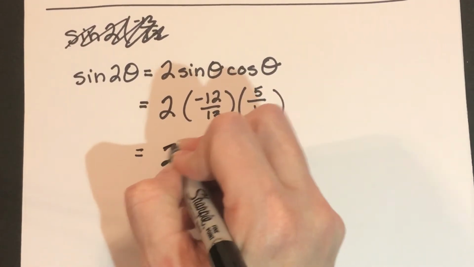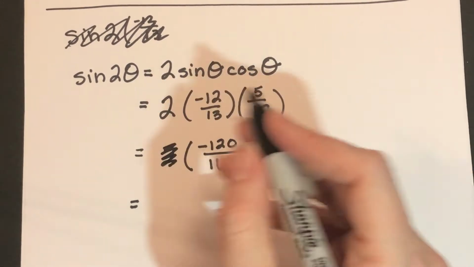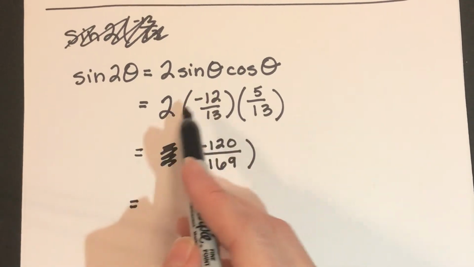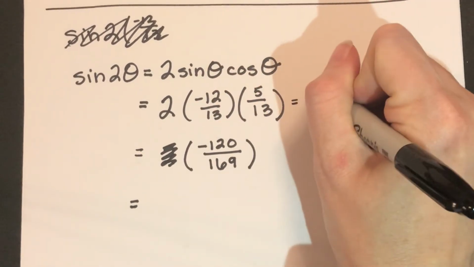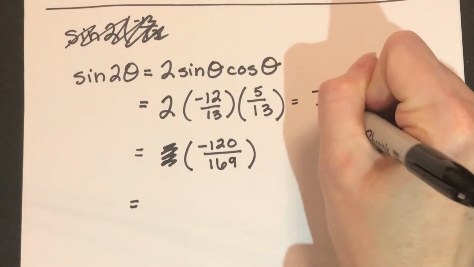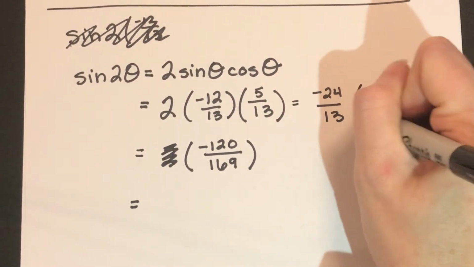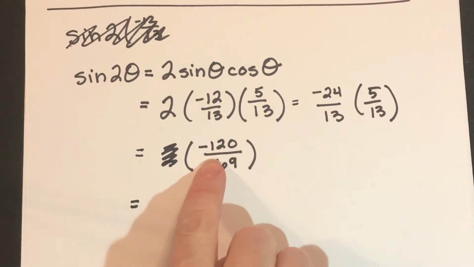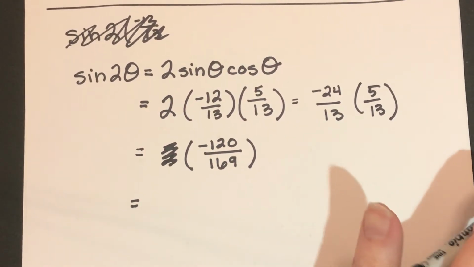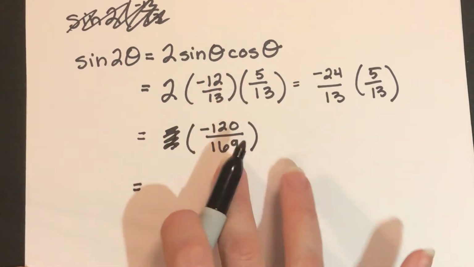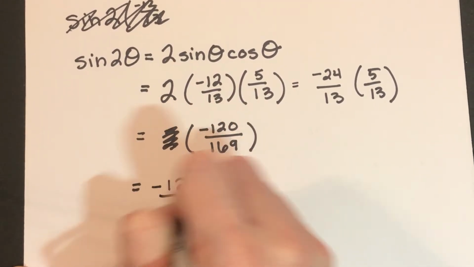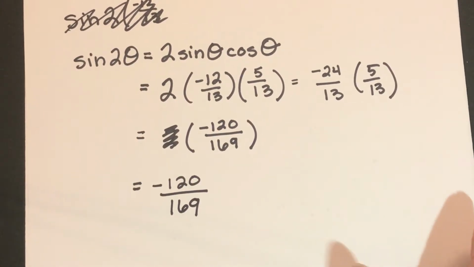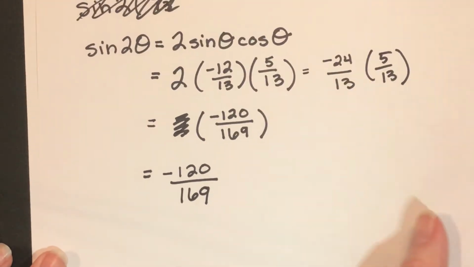I did all of this in one step. I'm following along the work that I already did. 2 times negative 12 is negative 24 over 13 times 5 over 13. Negative 24 times 5 is negative 120. Sorry if I confused you. This is your answer for the sine of 2 theta, negative 120 over 169. I know it's a really big fraction. Don't be scared of that.